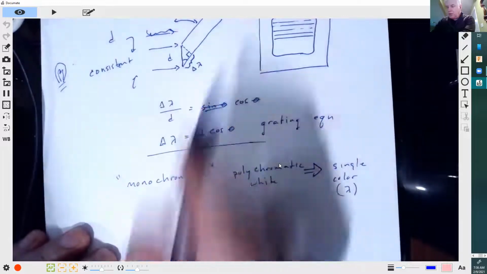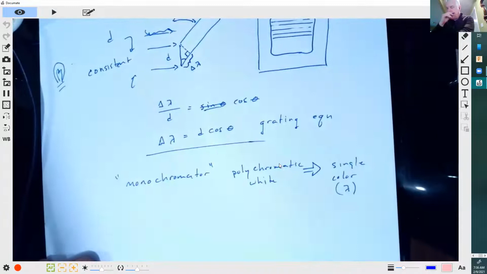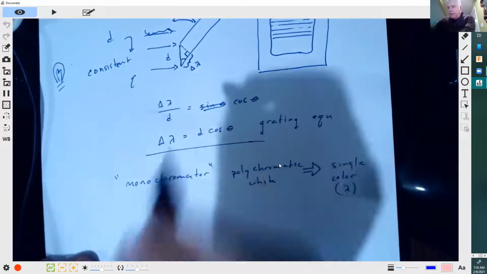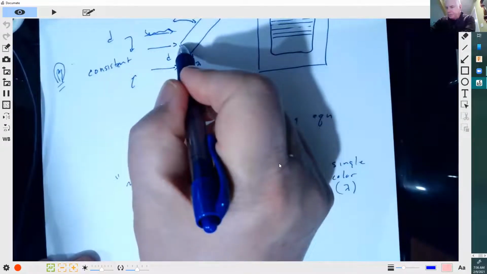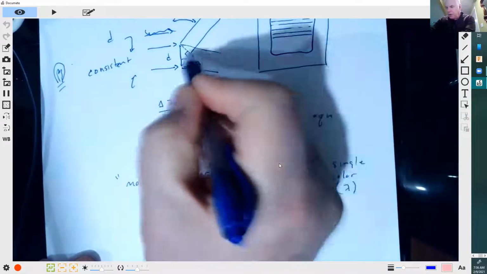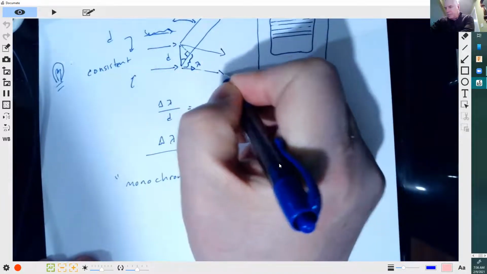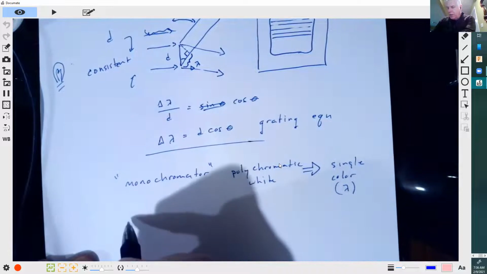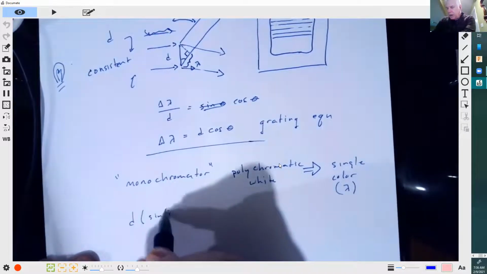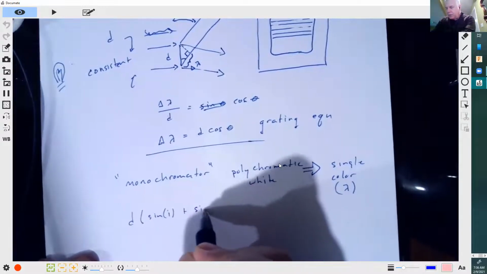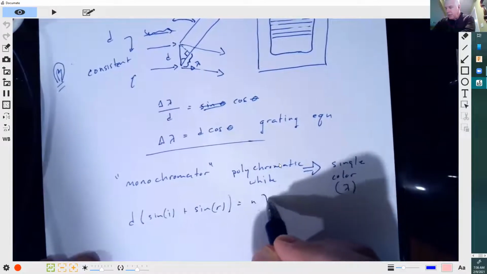And there's two serial processes like this. So there's an angle of incidence, and there's also an angle of diffraction, and you add them up. And so what that comes out is that D times (sine I plus sine R) is equal to n lambda.